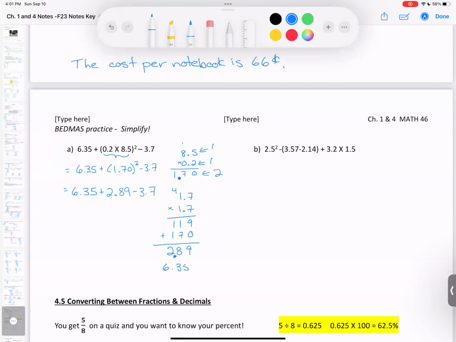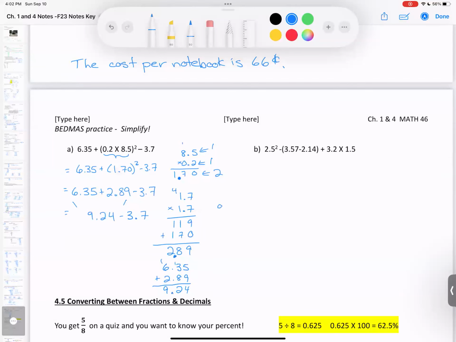6 and 35 hundredths plus 2 and 89 hundredths. I just got so excited to subtract. Okay, so now I've got 9 and 24 hundredths. So that's going to funnel down here. Because we shouldn't have any negative answers until about chapter 10. Okay, so now we can do a subtraction.